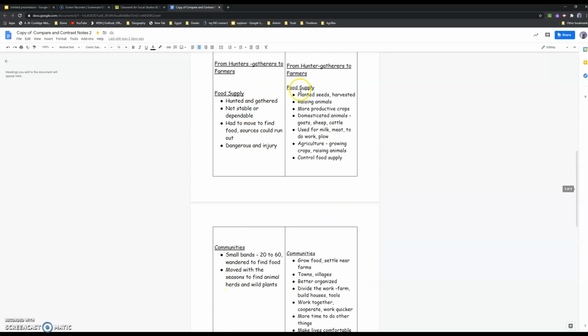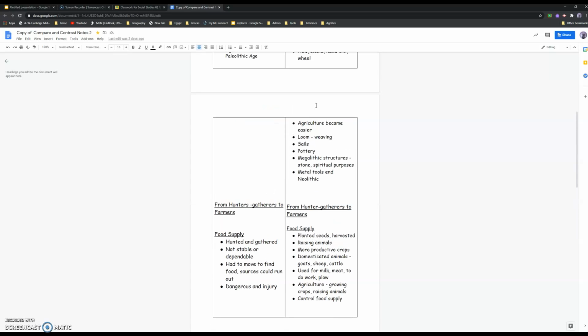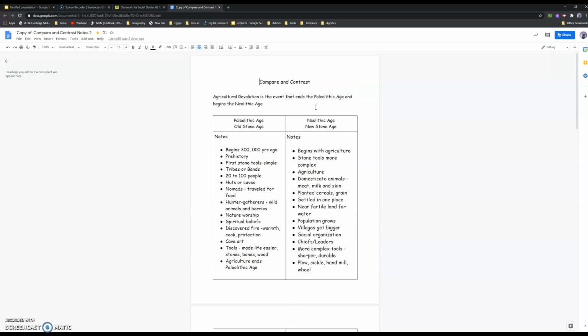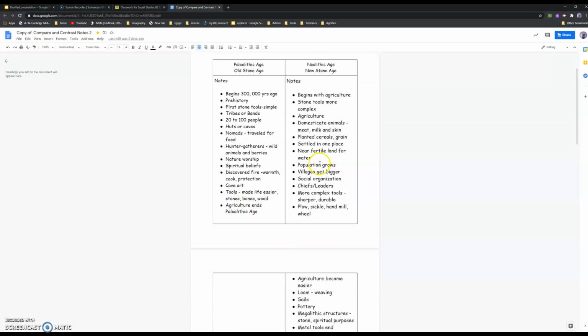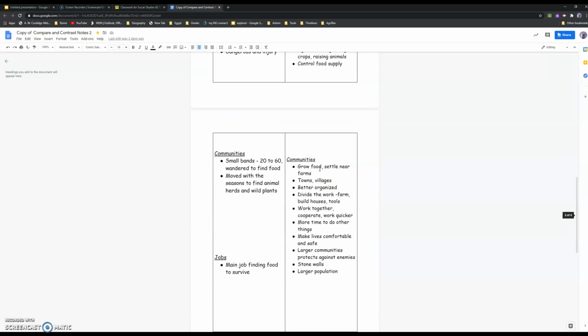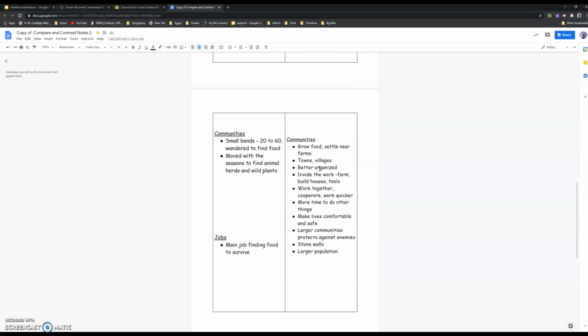You're going to take these notes for each and write sentences about each topic for each age. And remember, be careful about which side you're working from. Paleolithic Age is on the left, Neolithic Age on the right. Okay? So you're going to use these notes.